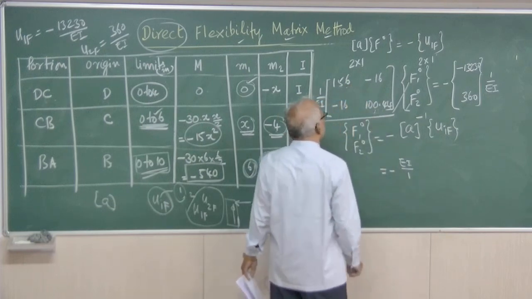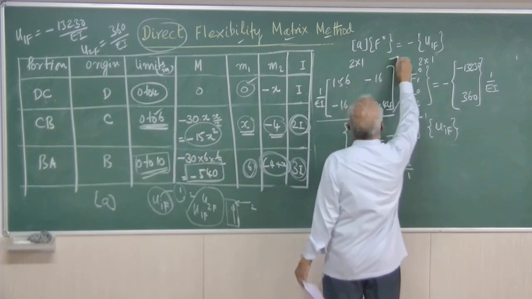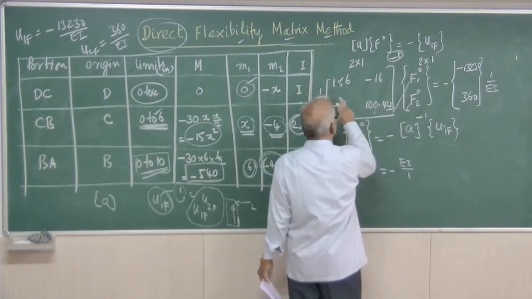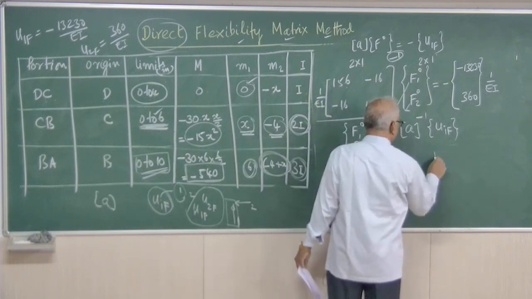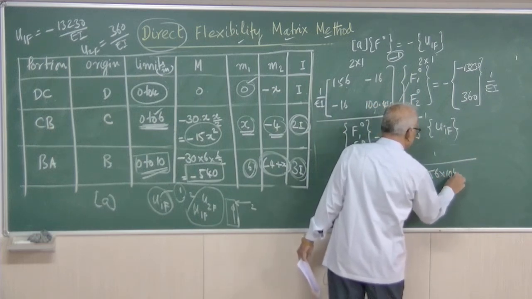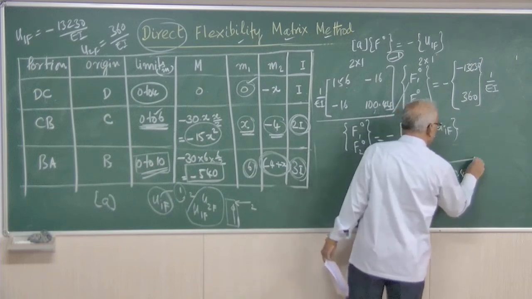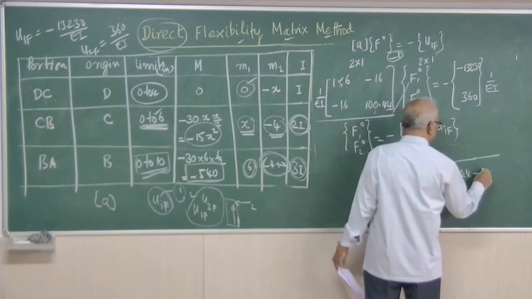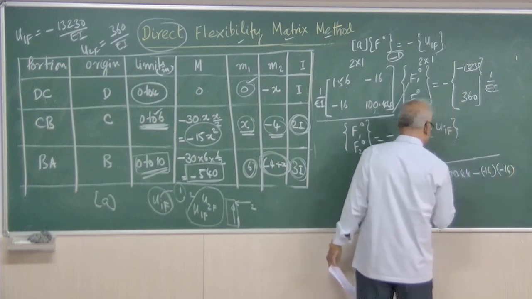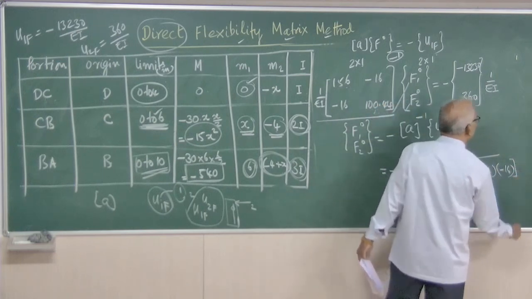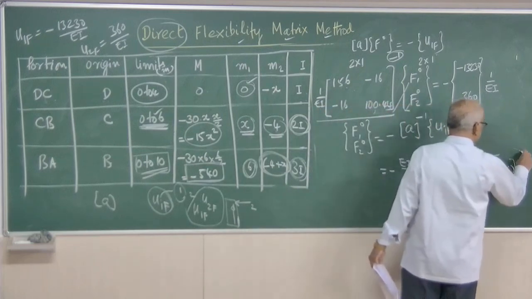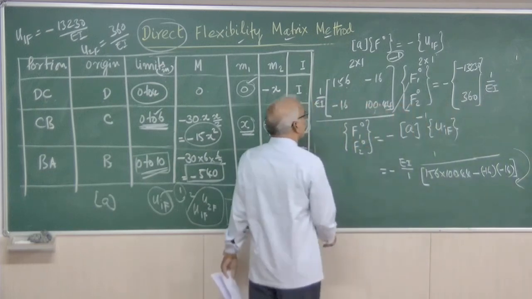The inverse will be 1 by the determinant, which is 156 into 100.44 minus minus 16 into minus 16. So this is 1 by the determinant.